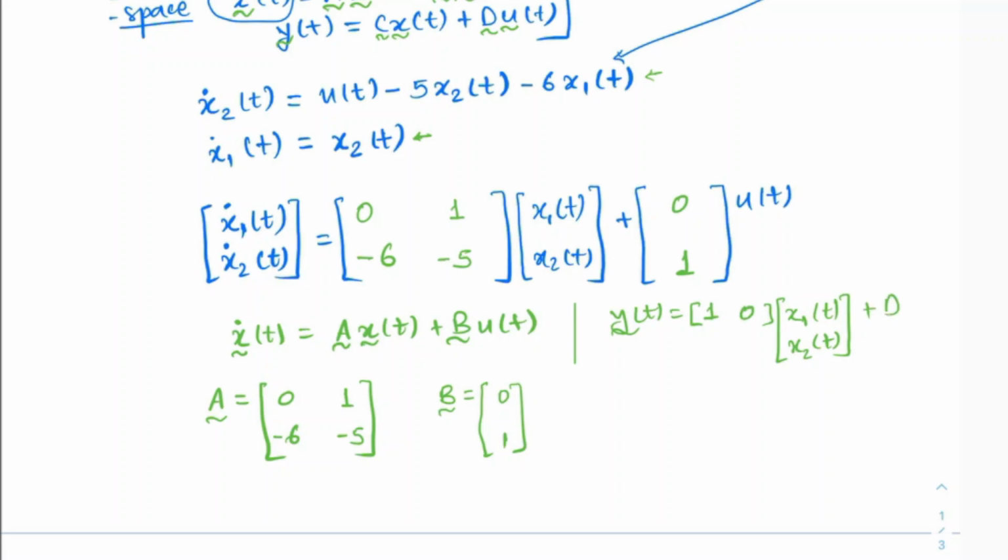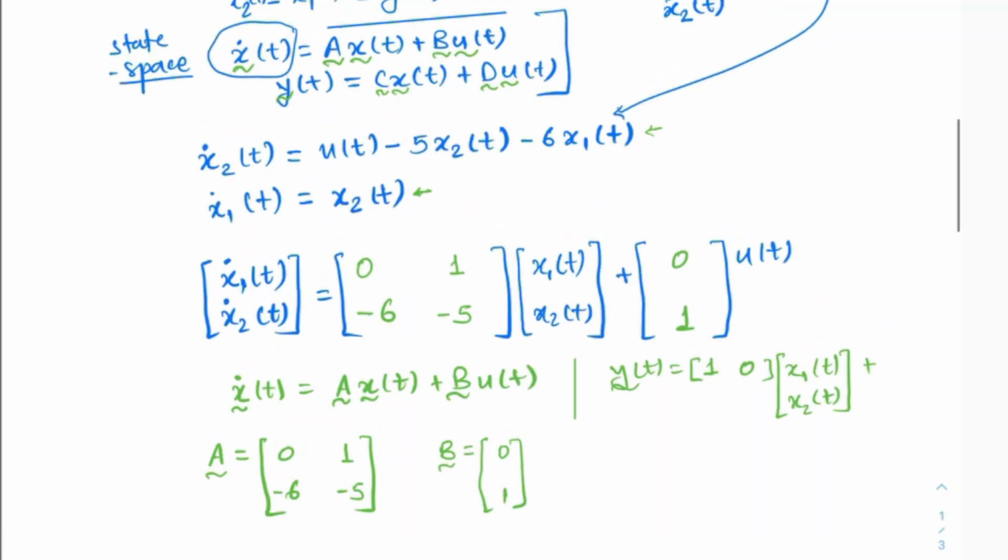The D matrix which we have here in the general form is essentially 0 because there is no u of t term in it. So the C matrix would be 1, 0 and D would be 0. So this expression is called the state equation, and this is called the measurement equation.